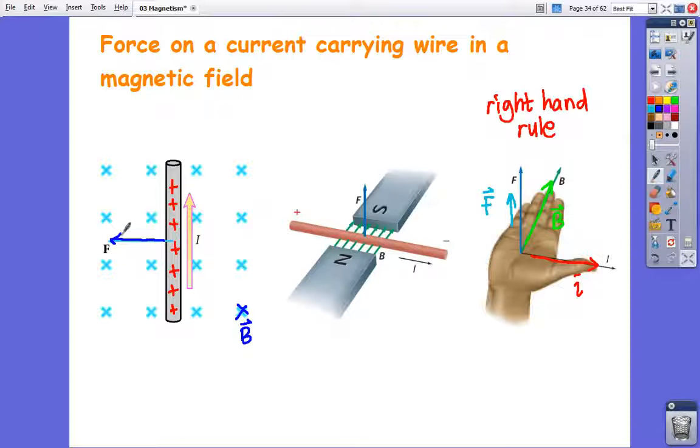Is that correct? Yes, this is F. And for the second picture, I is your thumb, B is from north to south, and F is the direction of your palm.